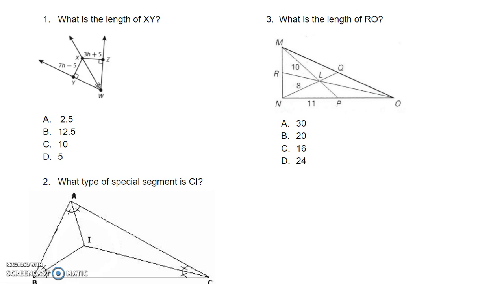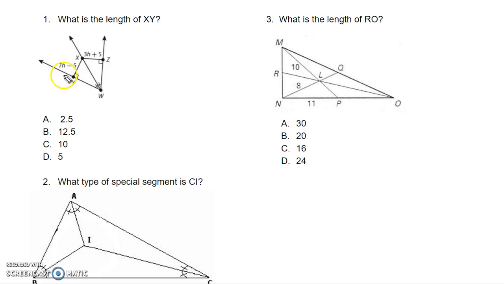Okay, so this covers the special segments from Unit 7. We had the perpendicular bisectors, angle bisectors, medians, and altitudes. And that gave us the circumcenter, incenter, median. No, medians was the centroid, and then we had the orthocenter.